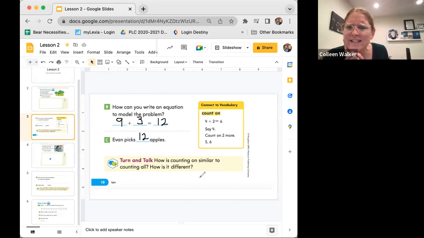It says, how is counting on similar to counting all? And how is it different?